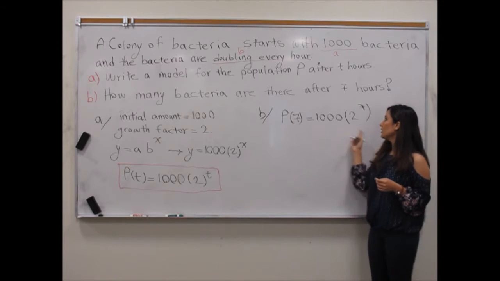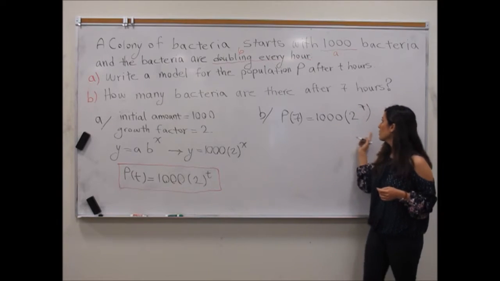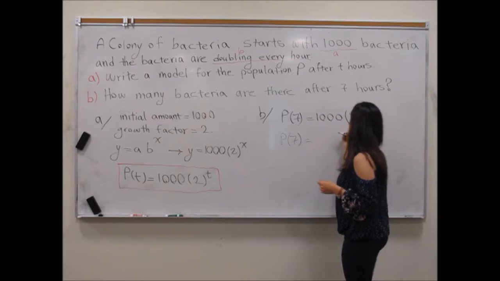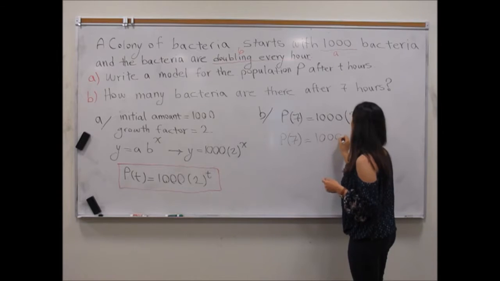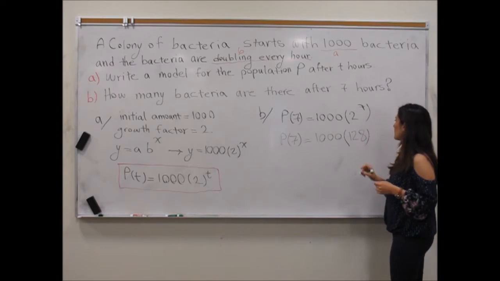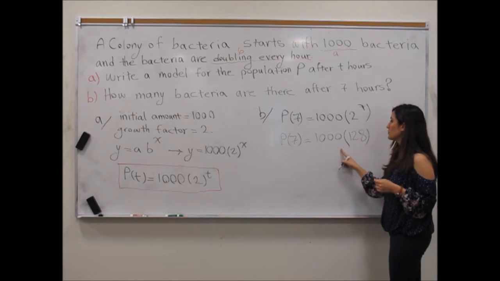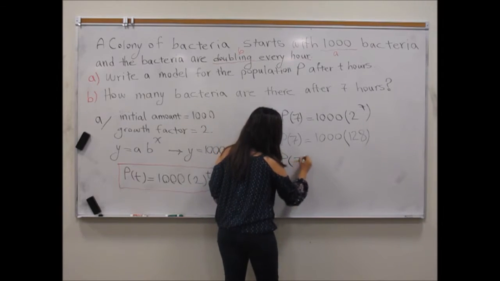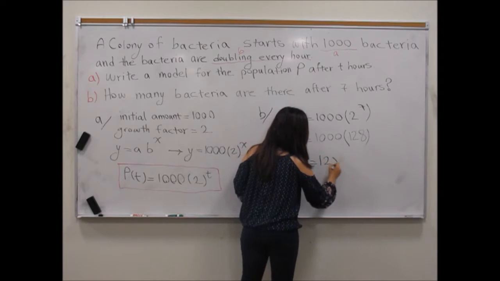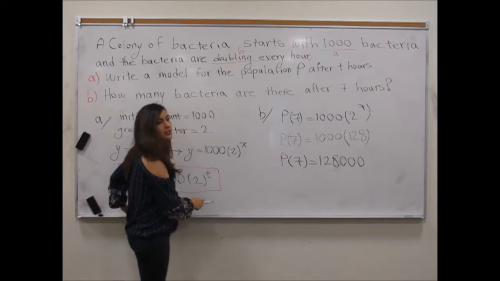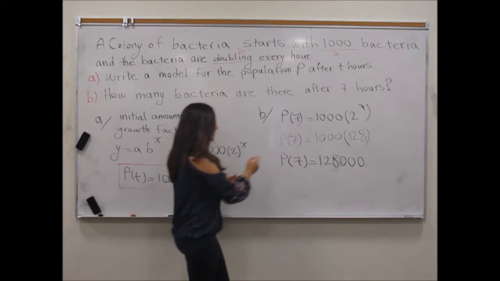Make sure to do the order of operations correctly. First we do the exponent: 2 to the 7 is 128, and then 128 times 1,000 gives me 128,000. So this is the population of bacteria after 7 hours. So this is it for part B.